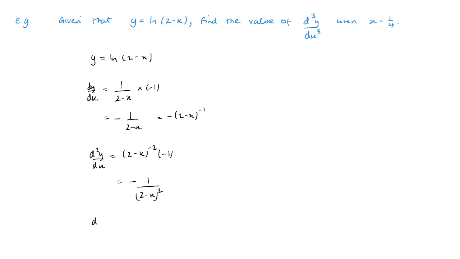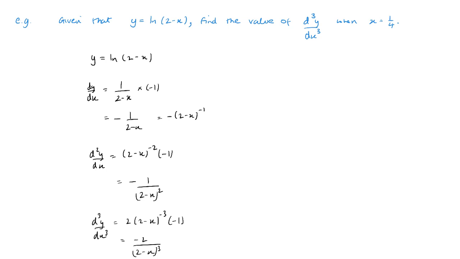Now, for the next one, we're looking at d3y by dx cubed. Again, if I differentiate it, the minus 2 comes down, so I get a positive 2 times (2 minus x) to the minus 3, multiplied by the inside of the bracket differentiated. So we get minus 2 over (2 minus x) cubed.